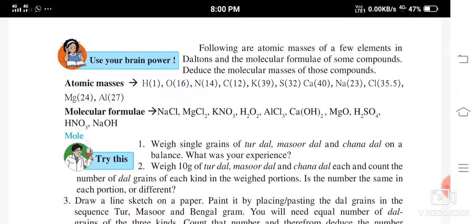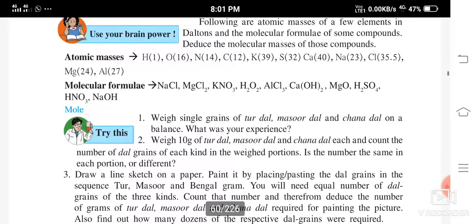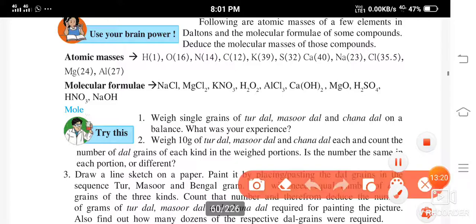Now see, use your brain power. Following are atomic masses of a few elements in Daltons and the molecular formulae of some compounds. Deduce the molecular masses of those compounds. Atomic mass is given to you here. Very easy, I'll show you.